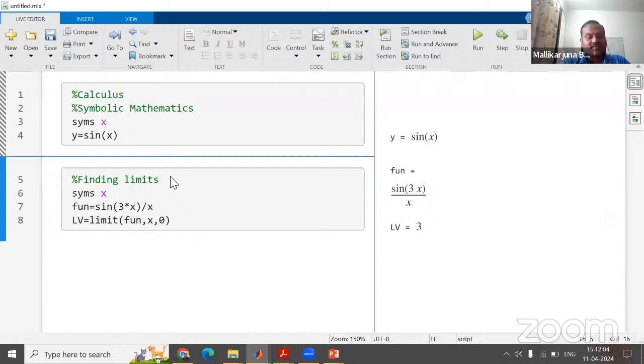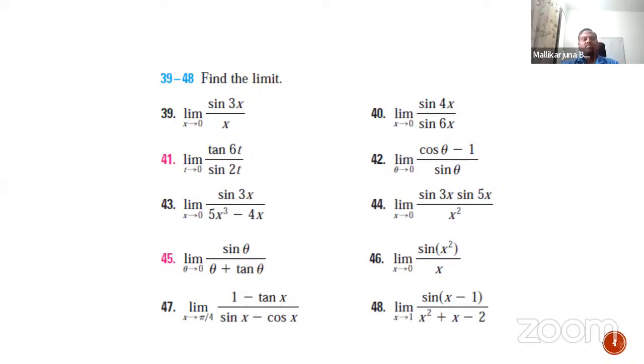For your convenience, I will write the syntax here itself. Syntax: limit of the function, variable, value. So you can try any other problem, or if you have any limit problems available, you can practice those also.